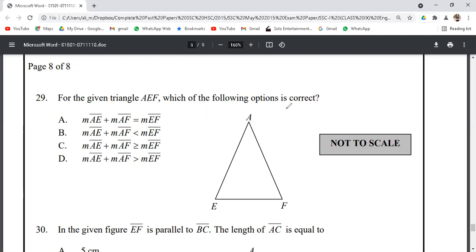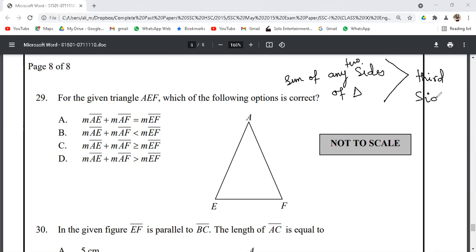So the theorem that relates to this question is that the sum of any two sides of our triangle is always greater than the third side. ट्राइंगल की किसी भी दो साइड को अगर हम सम करें तो हमारा जो रिजल्ट है वो थर्ड साइड से हमेशा बड़ा आता है.